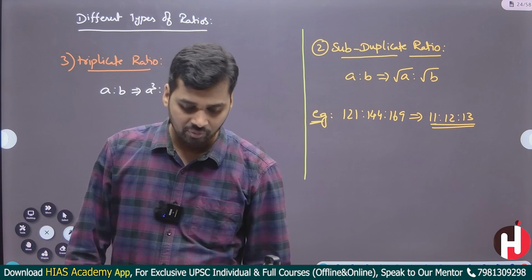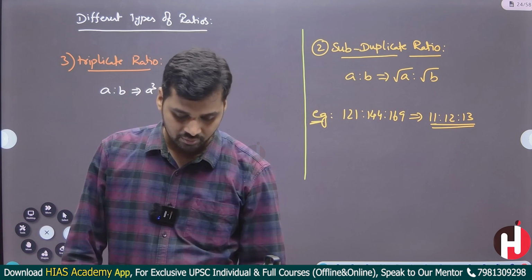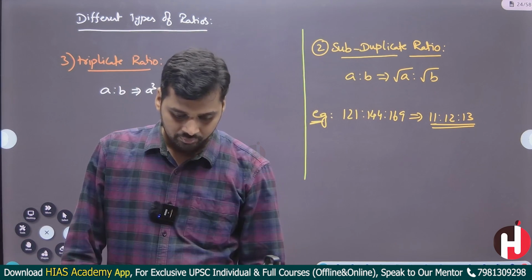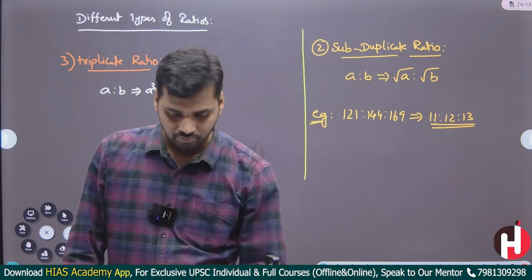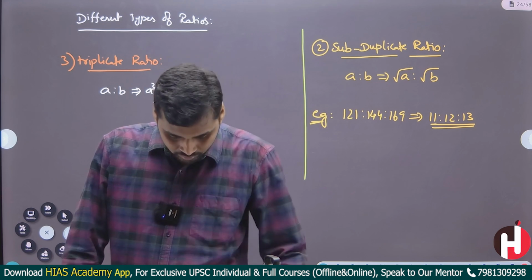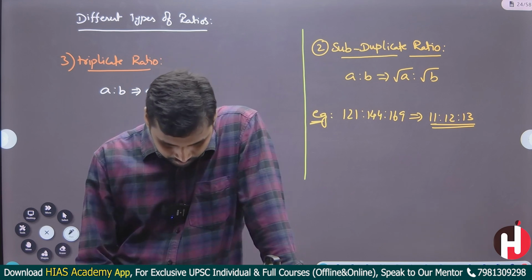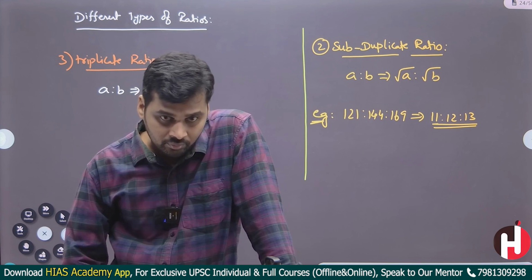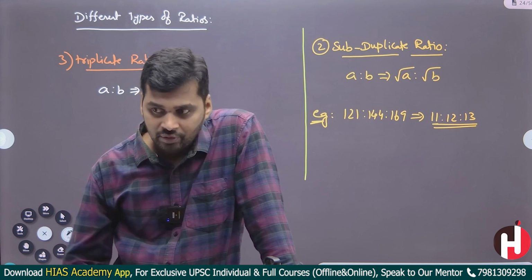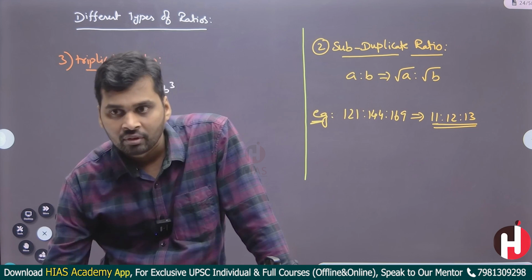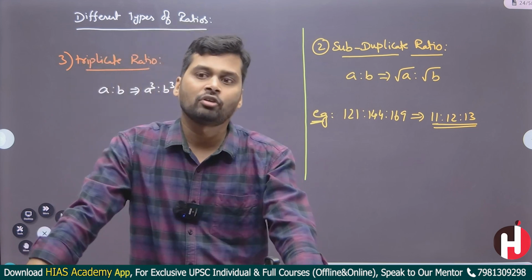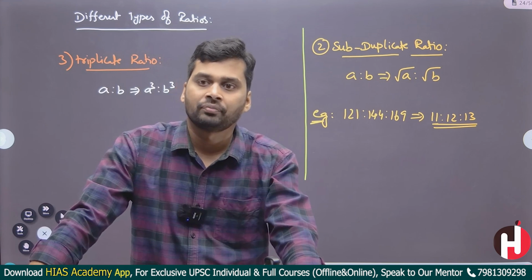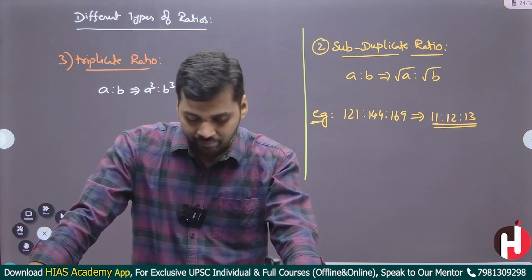Triplicate ratio is nothing but taking the cube of the numbers. Find the triplicate ratio of 10 is to 11 is to 12. Tell me, 10 cube is 1000. 11 cube is 1331. 12 cube is 1728.